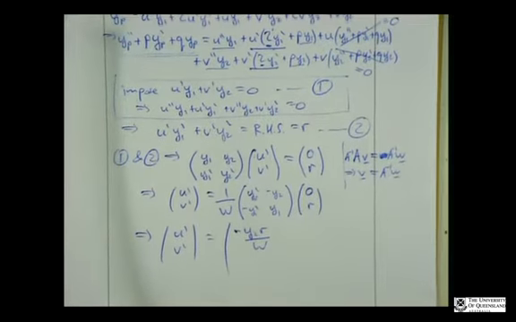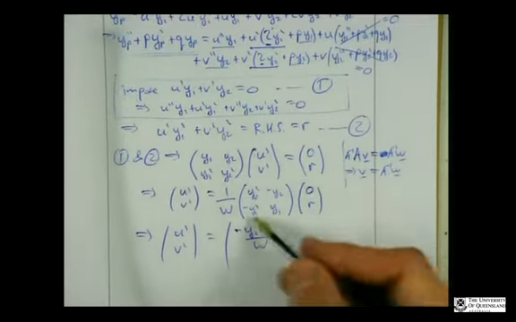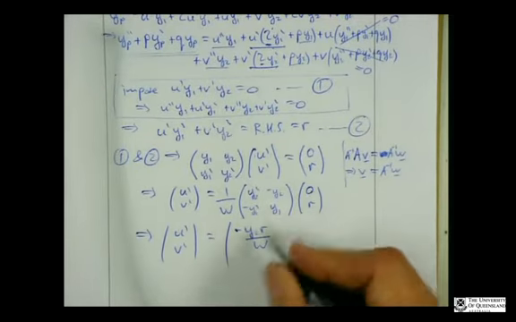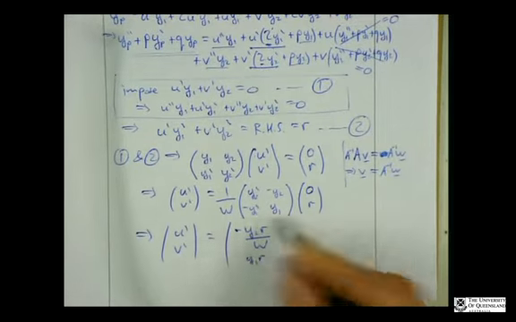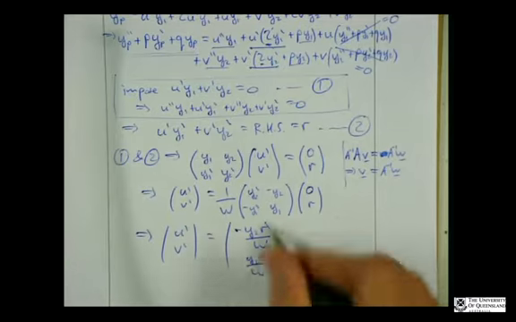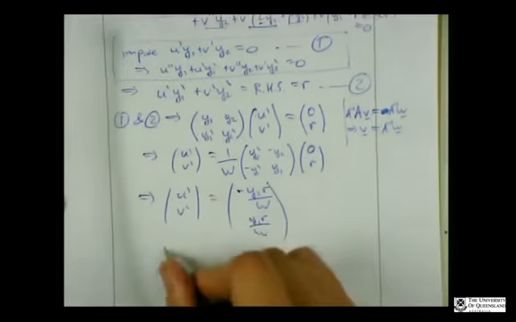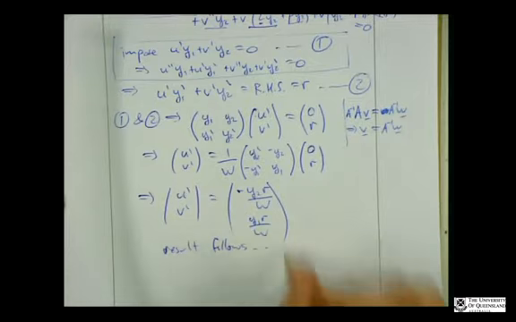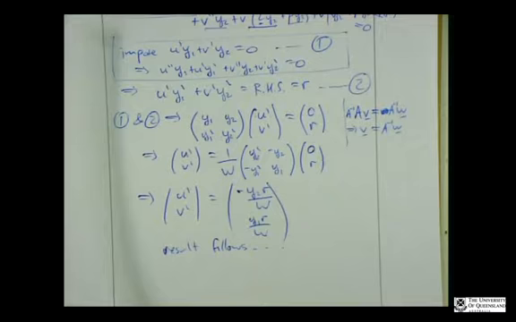The second entry is just 0 times negative y1 dash plus y1 times r divided by the Wronskian. And then the result follows. So what result is that? That's the integral formulae given on the previous page.